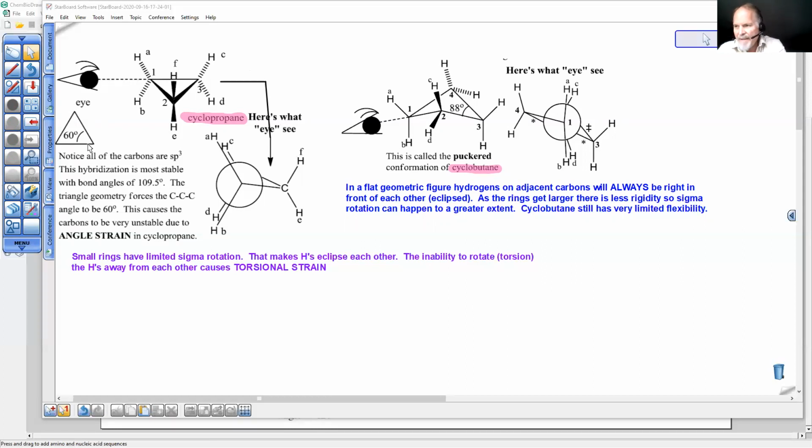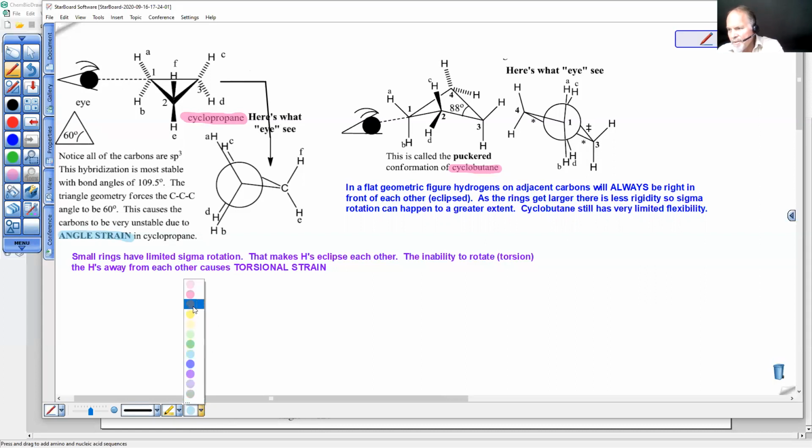They are prevented from doing so. In a triangle, you have 60-degree angles. You're stuck with them. This is called angle strain. That's one type of strain. One type of strain is called angle strain. And the other kind of strain is called torsional strain.